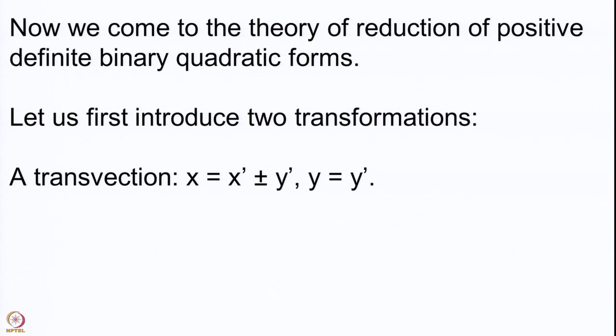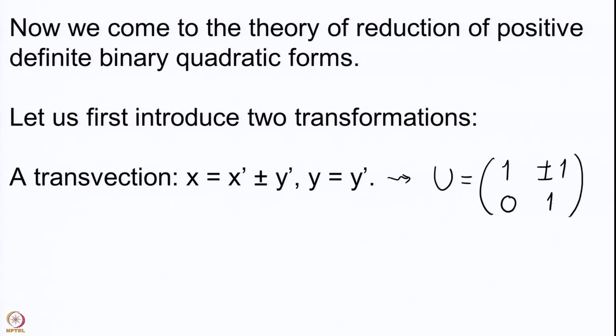This is called a transvection. So, if you write this in terms of the matrix notation, this will correspond to the matrix U is 1, plus or minus 1, 0 and 1.